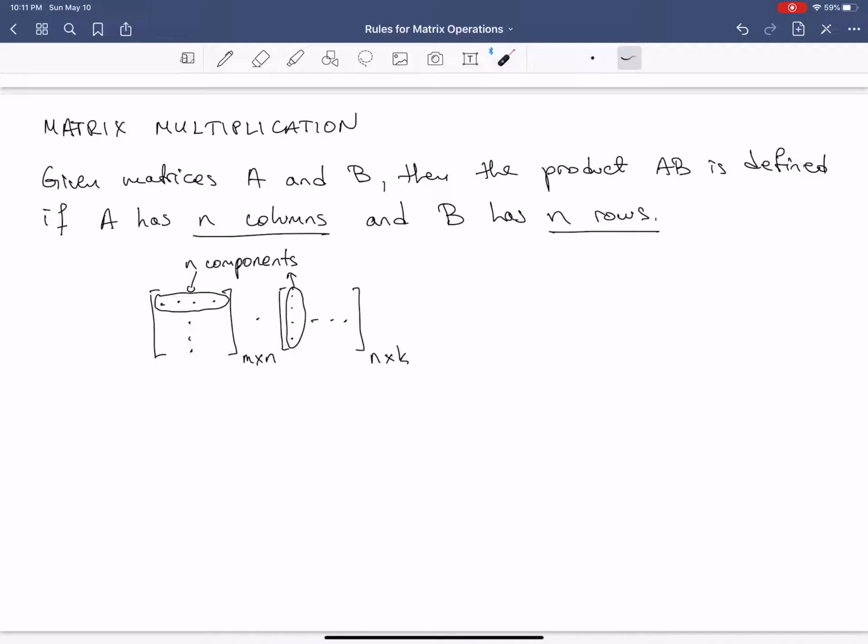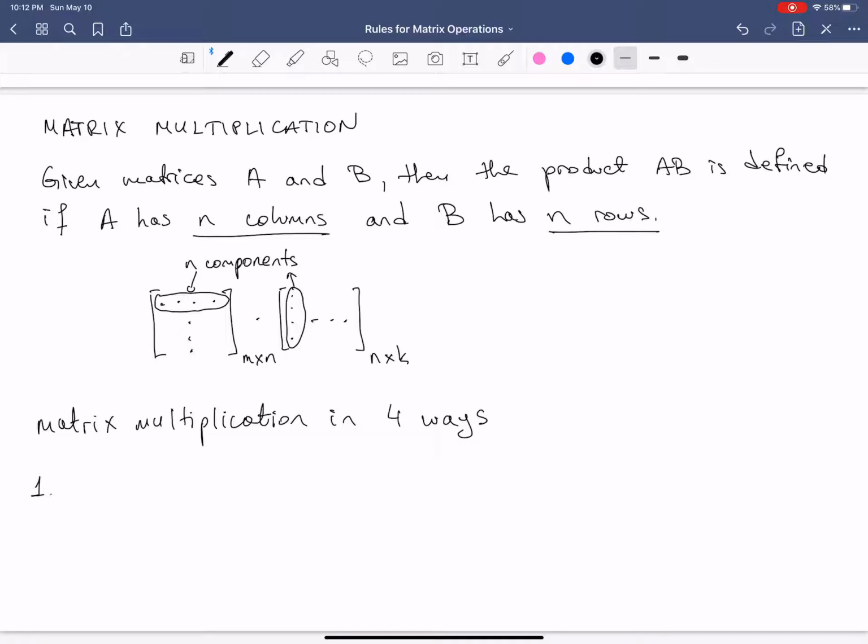Now, we're actually going to define matrix multiplication in 4 ways. I'll write that. Matrix multiplication in 4 ways. It is possible to do it in 4 ways, and each way has something different to reveal.